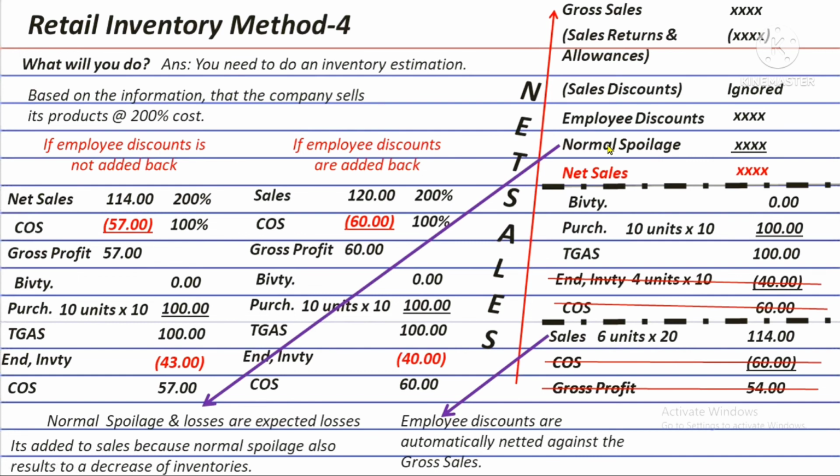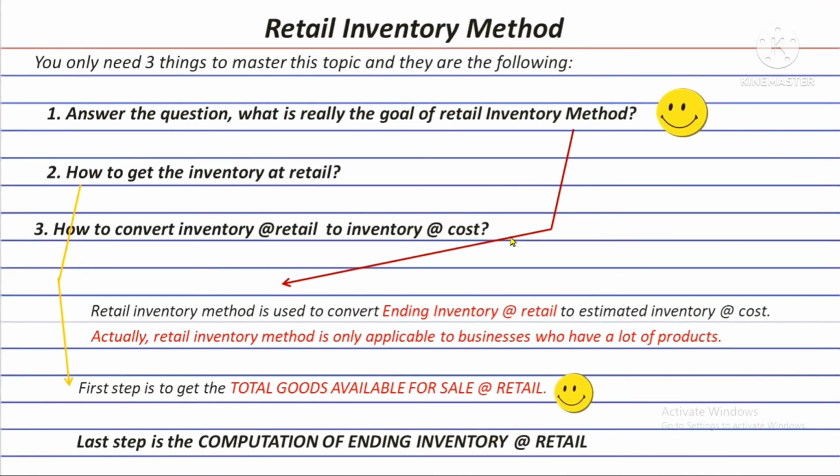So again, the total goods available for sale at retail minus the net sales and the normal spoilage equals the ending inventory at retail. And with that, let's go back here and put a smiley on this question number 2 because we are already done computing the ending inventory at retail.